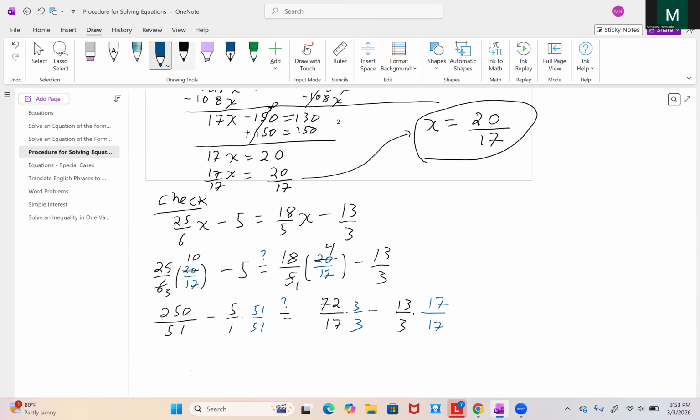Okay, so next, 250 over 51 minus 255 over 51. 5 times 51 is 255.